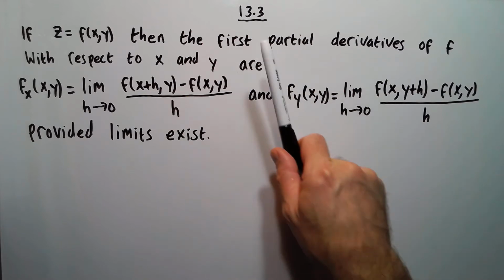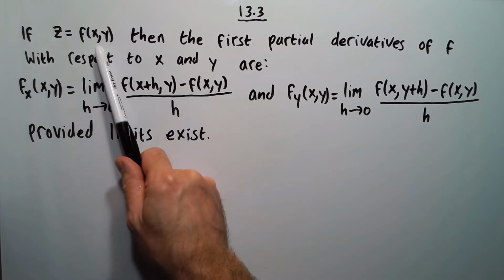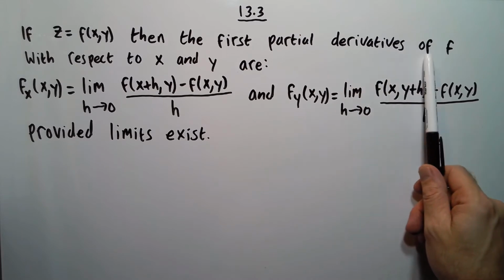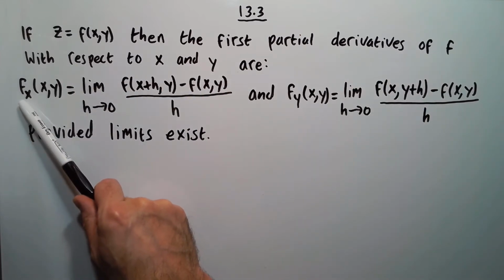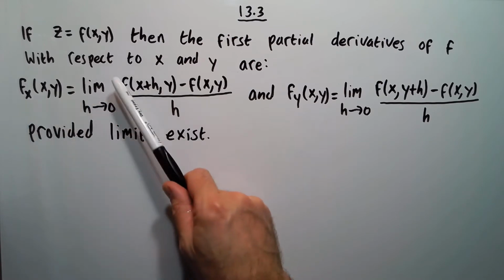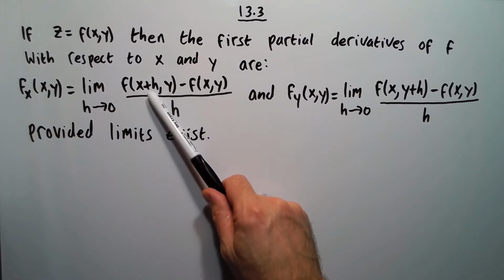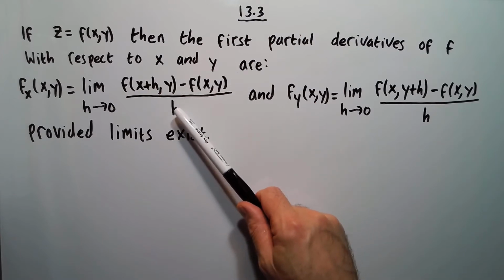Okay, so let's look at 13.3. If z is a function of x and y, then the first partial derivatives of f with respect to x and y are defined as follows. The first one is f subscript x. This is read the partial derivative of f with respect to x, and it is equal to the limit as h goes to 0 of f of x plus h comma y minus f of x comma y, over h.